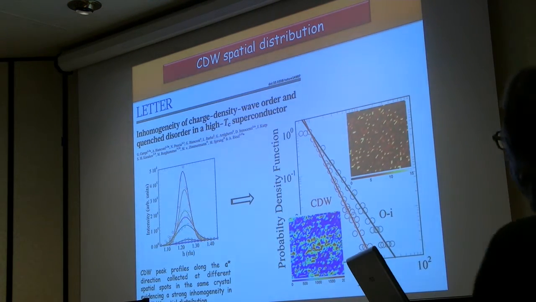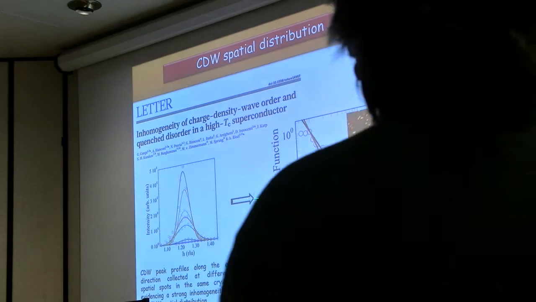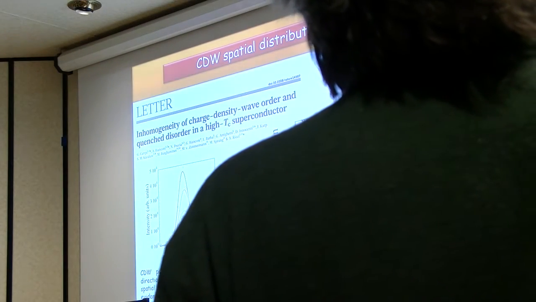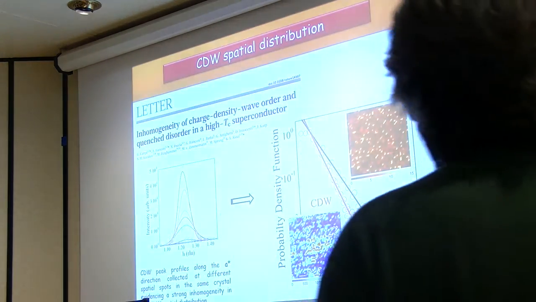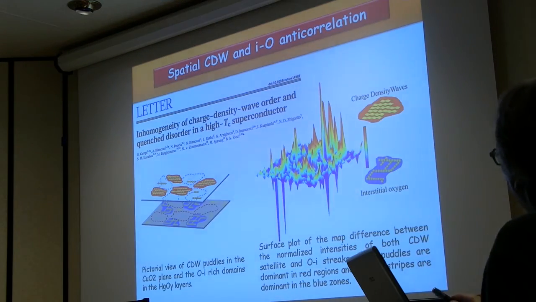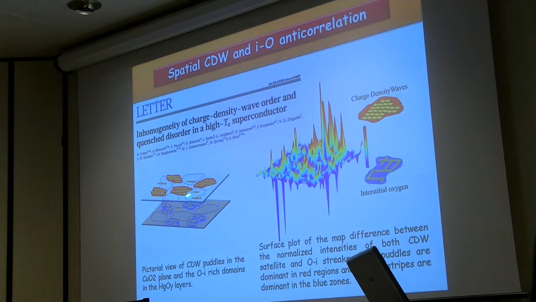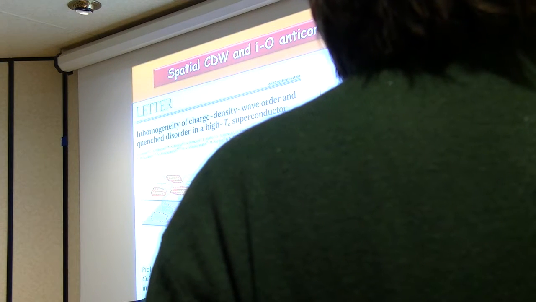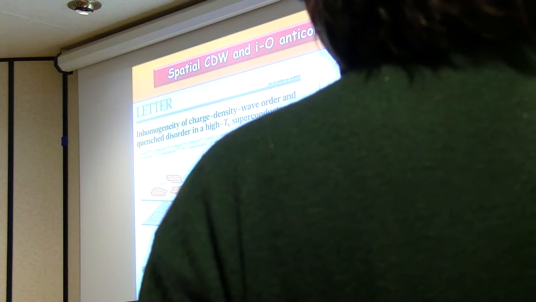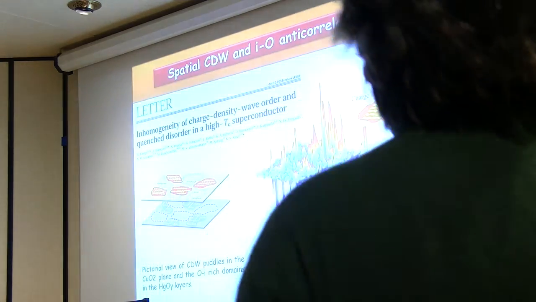And when you map with X-ray micro diffraction both the charge density waves and the oxygen content, we find a power law distribution that describes both, and an anti-correlation between both. Where we find charge density waves, we don't find oxygen in the sample, and vice versa.